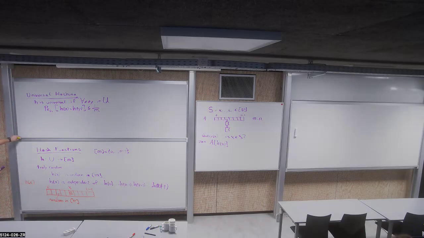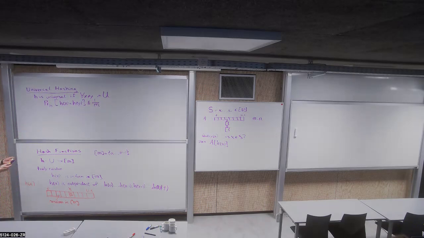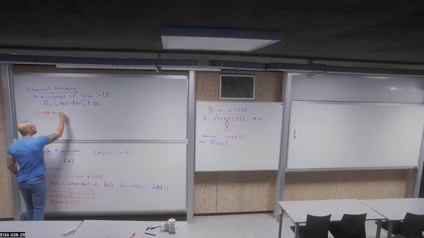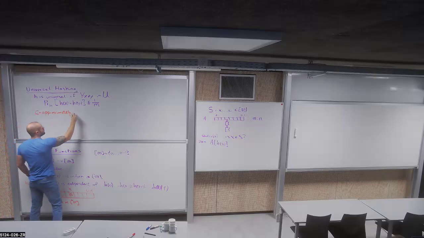Okay. So, and then we have another relaxed version of this, because it might not always be possible to implement exactly this, but there are some efficient hash functions that satisfy something slightly weaker, and we'll also look at that. This is called C approximately universal.